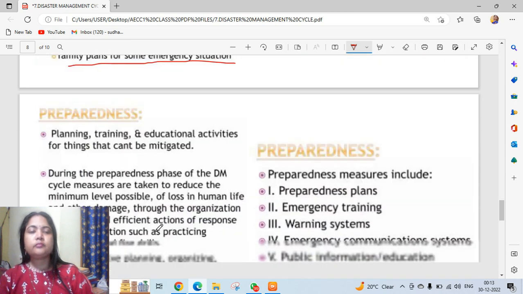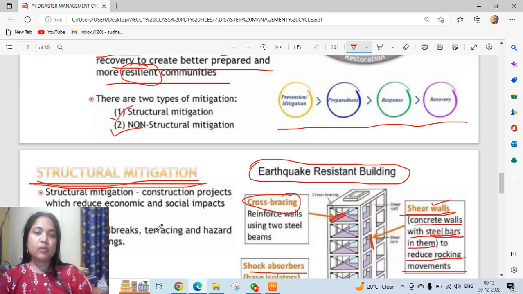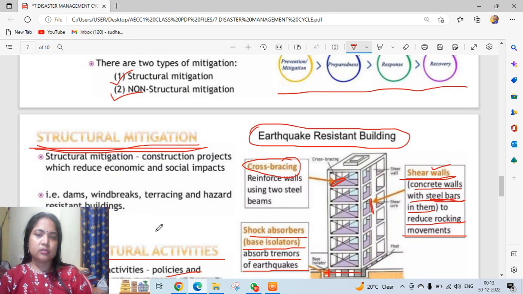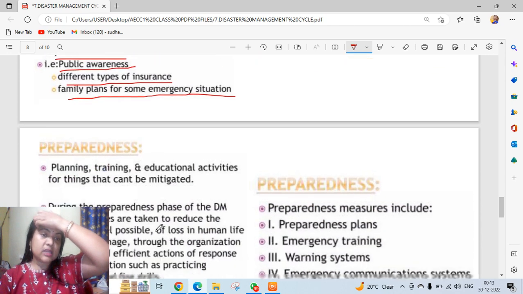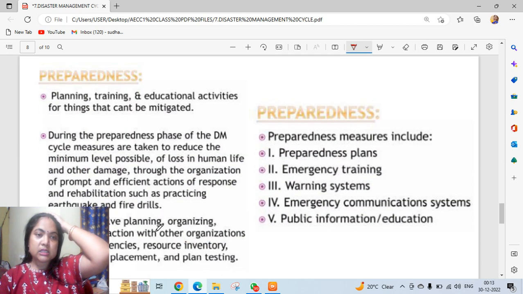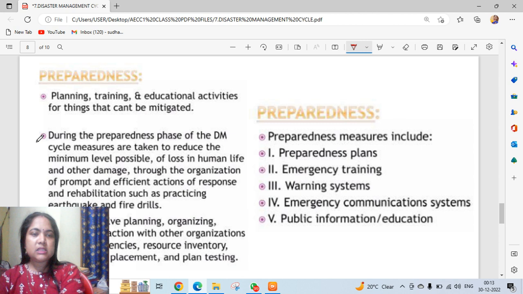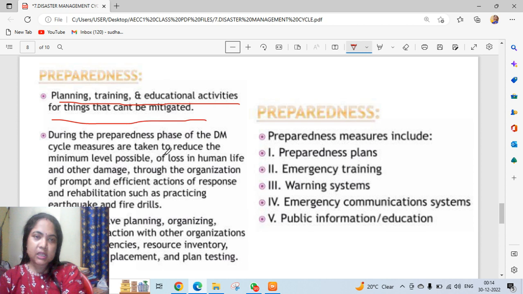Okay, so these were about your mitigation phase. Then the second phase, what I told, that is preparedness, isn't it? Preparedness is planning, training and educational activities for things that cannot be mitigated.